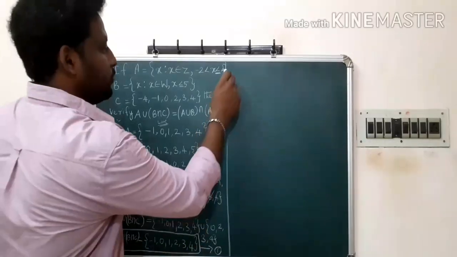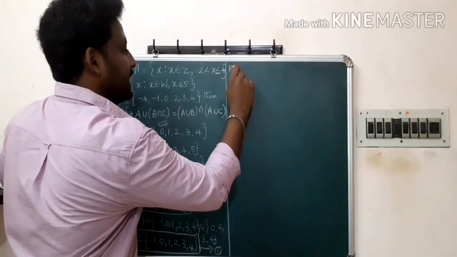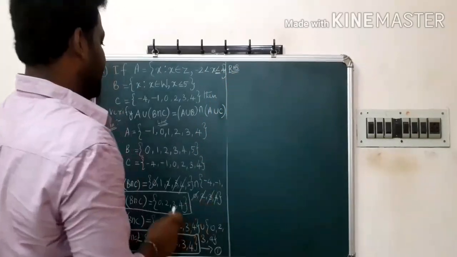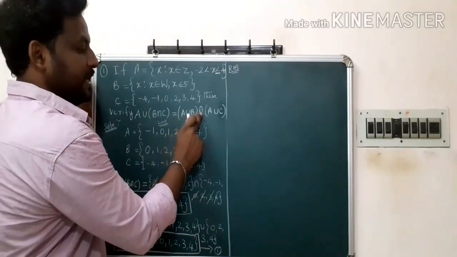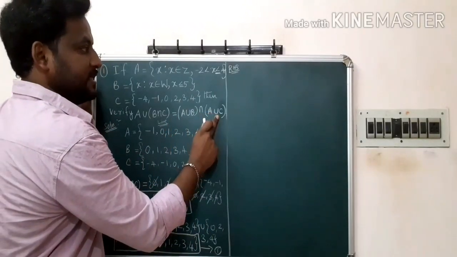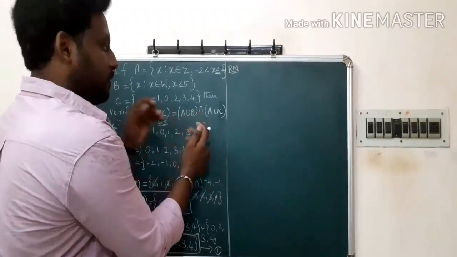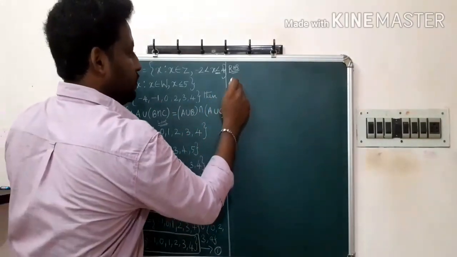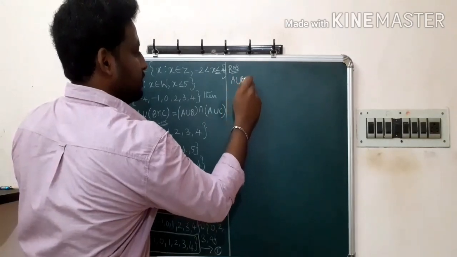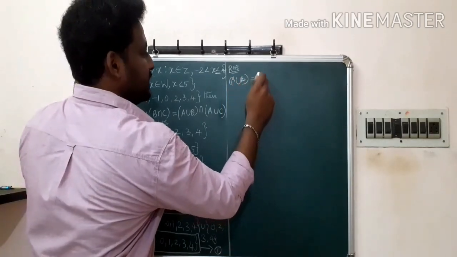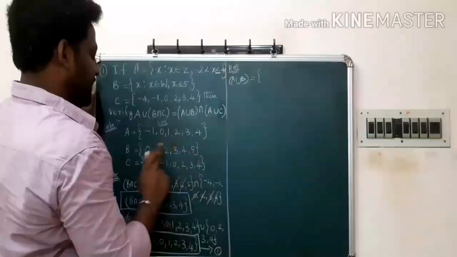And then we have to prove the right hand side. The right hand side is A union B intersection A union C. As I already told you, first we have to find out the bracket form. So first we have to find out A union B. What is set A?